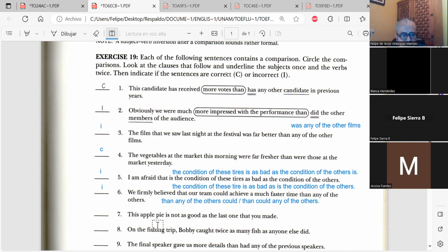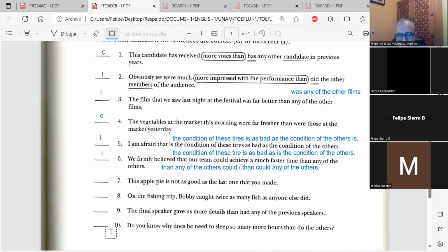Okay, Jesse. This apple pie is not as good as the last one that you made. It's correct? But "as good as" is the linker, no? Yes, but you have a subordinate clause here. After a linker, you have subject and verb, and you don't have a verb here.